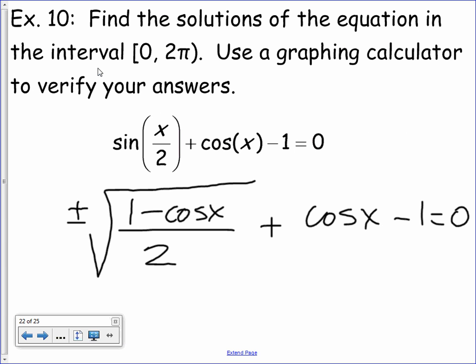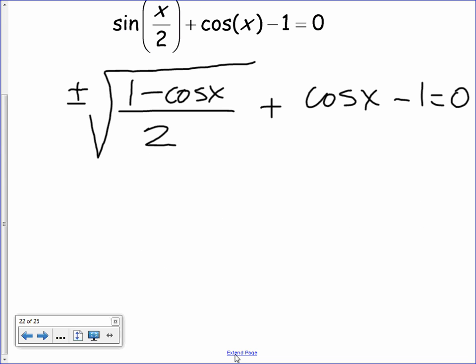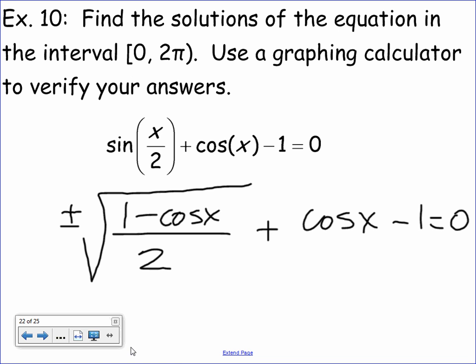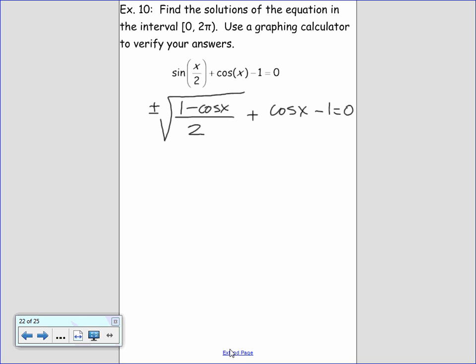Now let's go back and solve this equation. This is the equation that we need to get under our control to be able to solve things. How do we solve this? I am going to move this over to the other side. So I've got plus or minus the square root of 1 minus cosine x over 2 equals 1 minus the cosine of x.